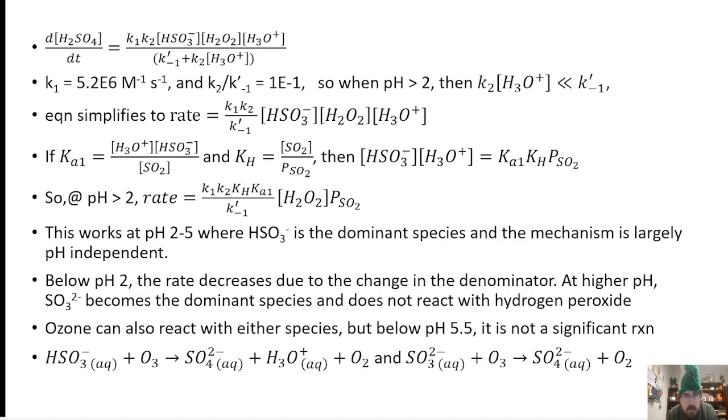When pH is greater than 2, it becomes a lot of constants times the hydrogen peroxide and the pressure of SO2. It's essentially that when it's not super acidic, you can look at this rate as a function of SO2 concentration and hydrogen peroxide.